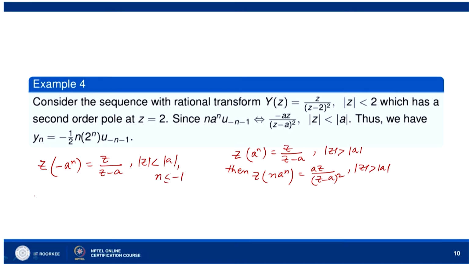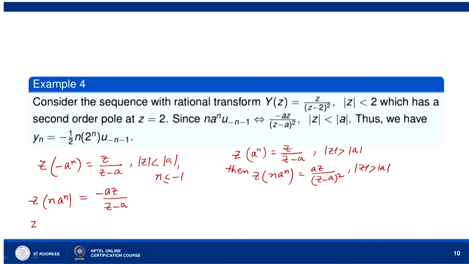Then the Z transform of n into a to the power n is minus a z divided by z minus a. The Z transform of n a to the power n can again be obtained by differentiating this.